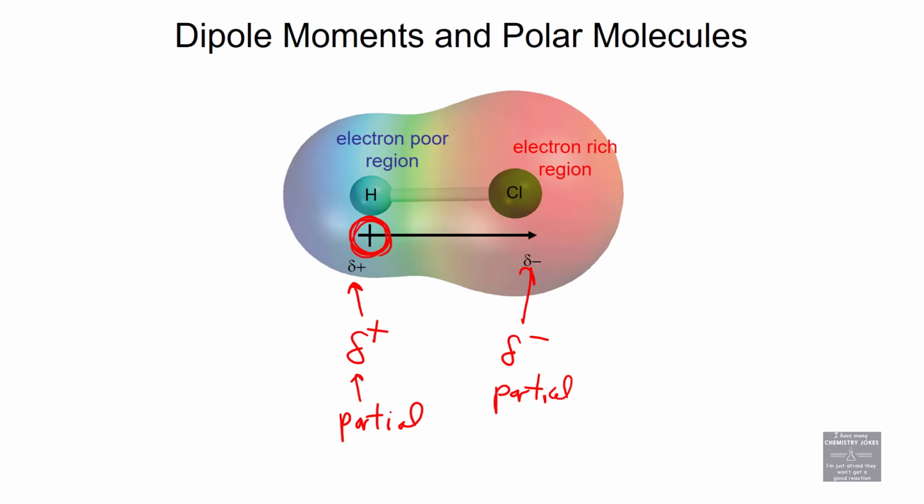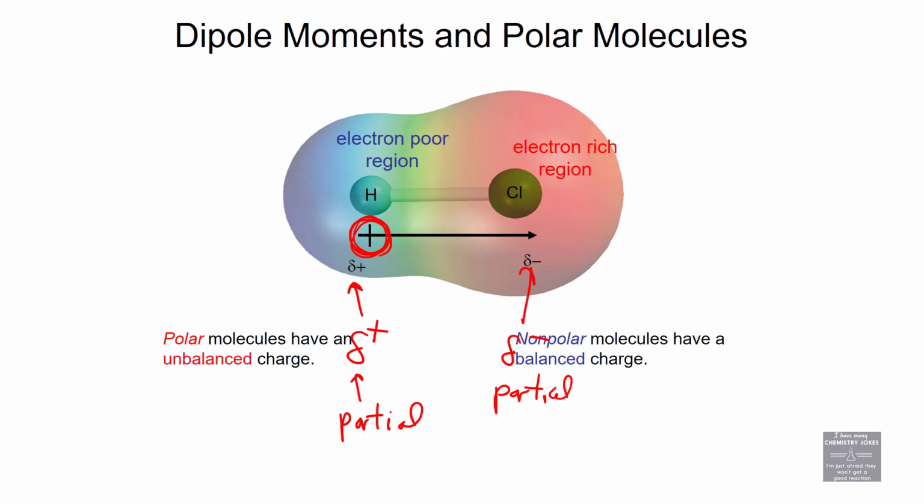That delta, that's a lowercase Greek delta. Lowercase delta means partial charge. It's not a complete formal positive one or formal negative one. It's a partial charge. Anything that has a dipole has an unbalanced charge, we would call it polar. Anything that has a balanced charge, we would call it nonpolar.